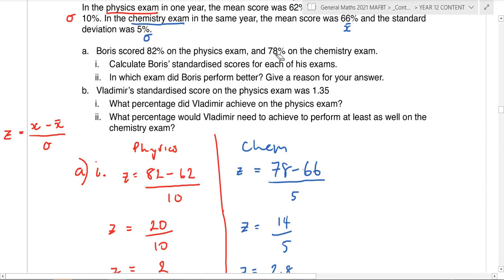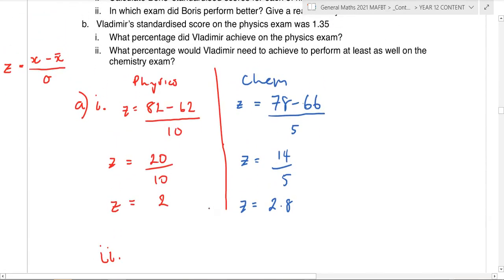You could say, but sir, he got 82 in physics, which means he did better than in chemistry, which is only 78. But in comparison to the rest of the class, although he got 82% and the standardized score is 2, it might mean that the rest of the class also got really high.